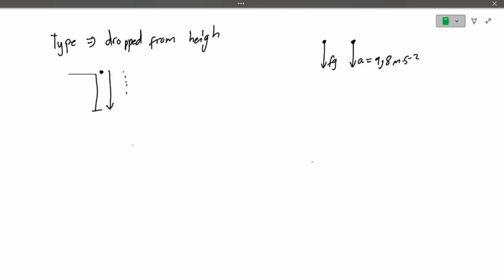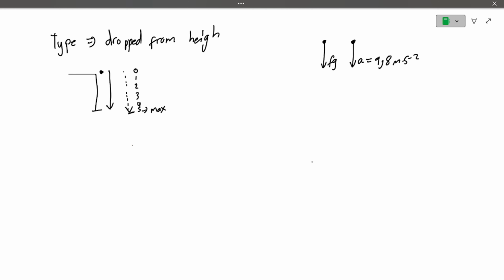As the phone goes down, the velocity will also increase. Because it is dropped, the velocity is 0.